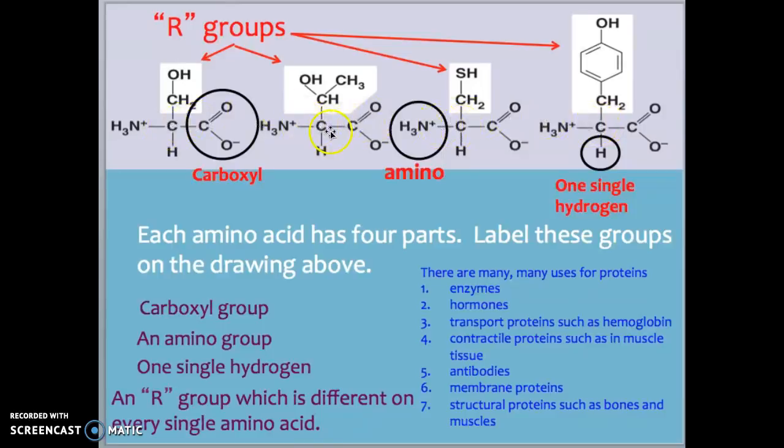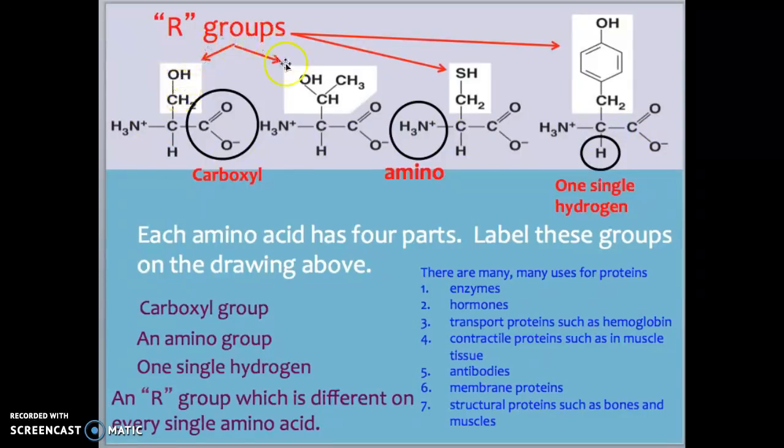So on all of these four different types of amino acids, they all have that central carbon. They all have a lone hydrogen. They all have an amine group or an amino group here, here, here, and here. And they all have the carboxyl group. You can see that on all four. So all four of these have those three parts in common.